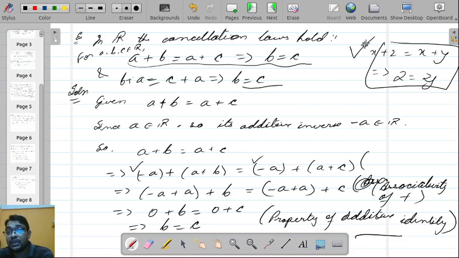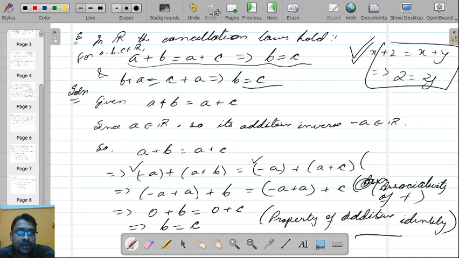Now we are satisfied that it follows from three properties: associativity of addition, the property of additive identity, and the existence of additive inverse. See why these properties have been listed as field axioms, very fundamental properties, because using these we can derive so many other properties.